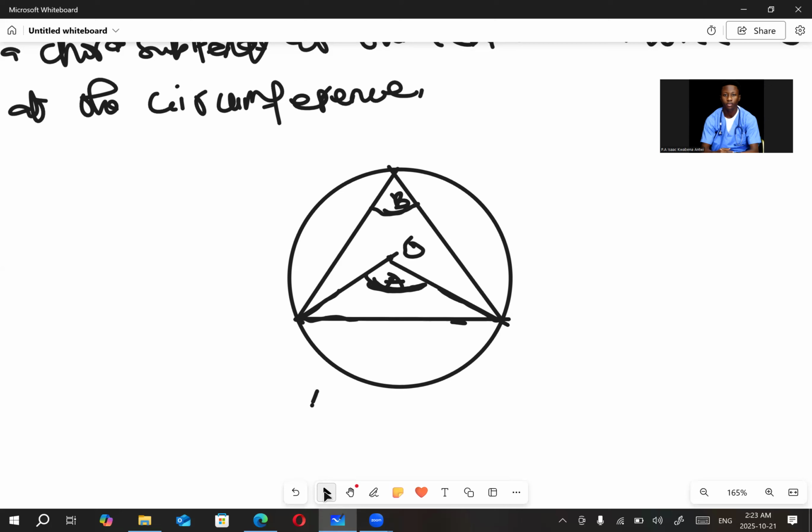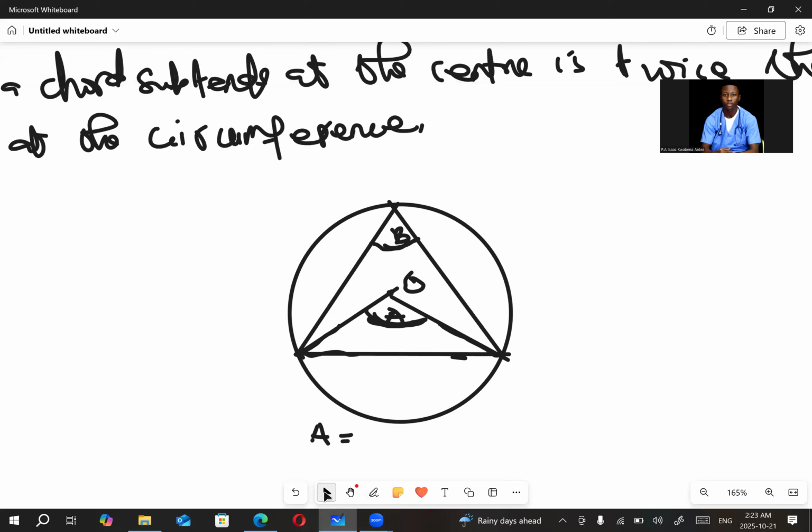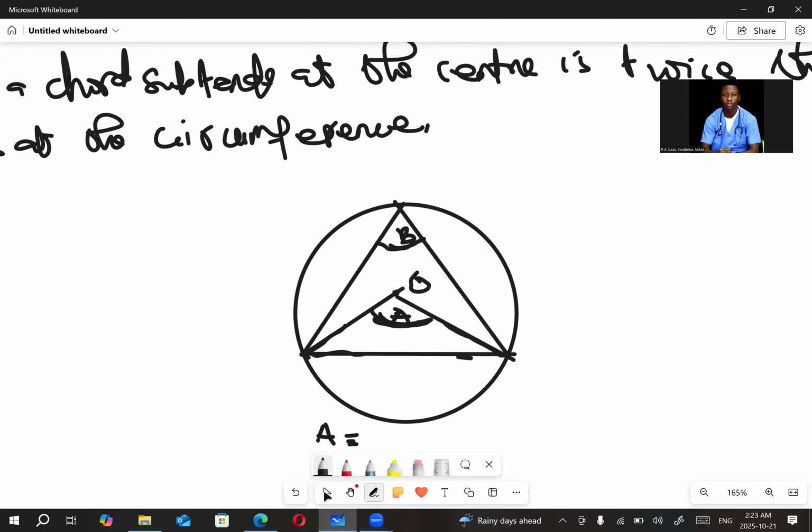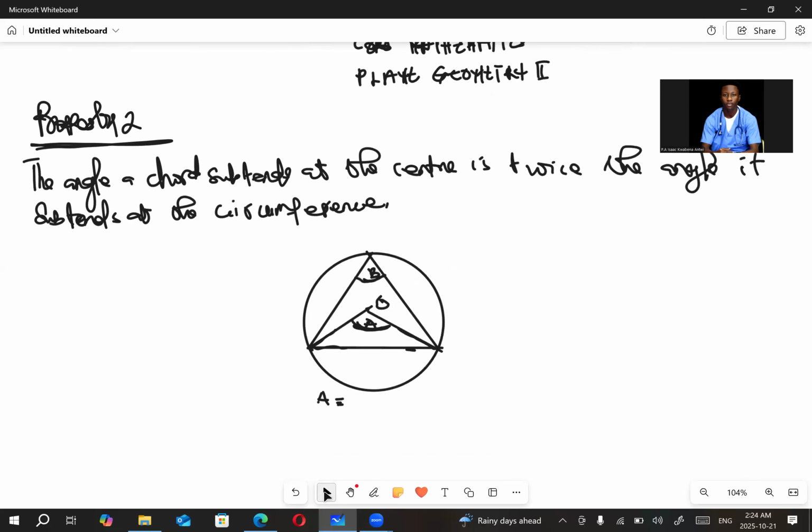All right. A is equal to... The angle a chord subtends at the center is, where the equation means equal to, twice the angle it subtends at the circumference.